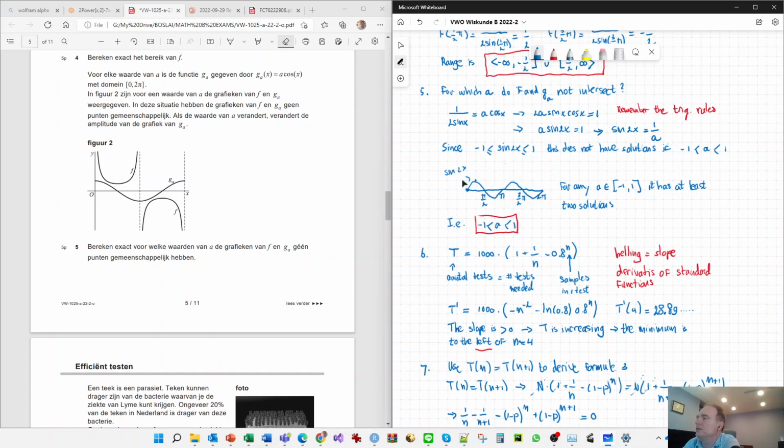Actually 2 solutions when a is 1 or -1, but in between it will even cross 4 times. So in other words, in this range there are certainly no common points, no intersections between these functions.